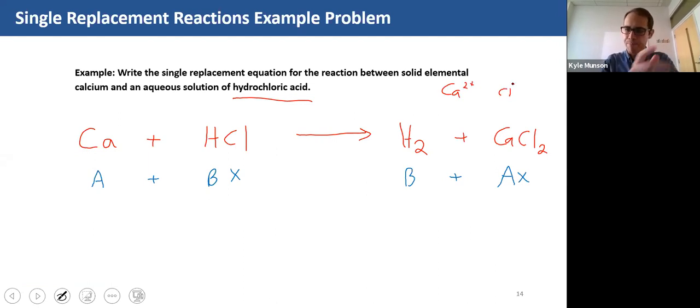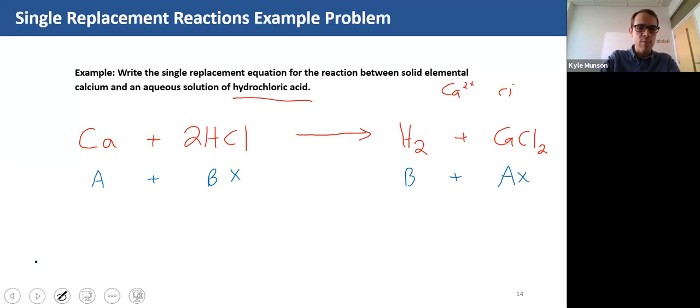That's what we get over here, and now we have to balance the equation, and it's pretty easy. We have 2 hydrogens over here, 1 over here, so I put a 2 there. That gives me 2 hydrogens on either side, 2 chlorides on either side, and 1 calcium on either side. So this equation is balanced.